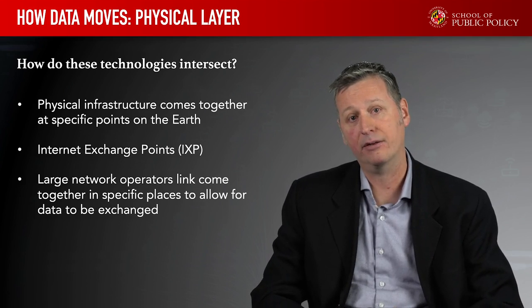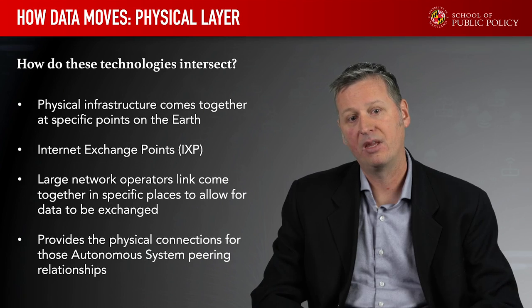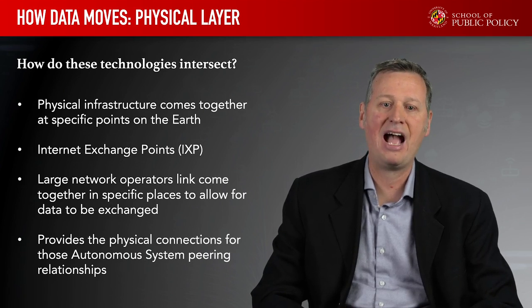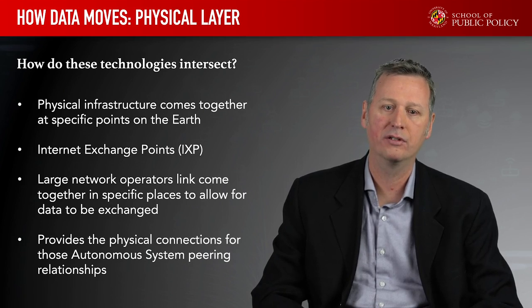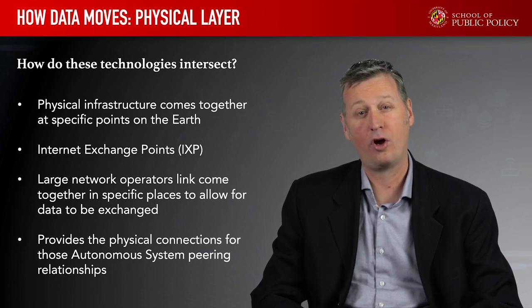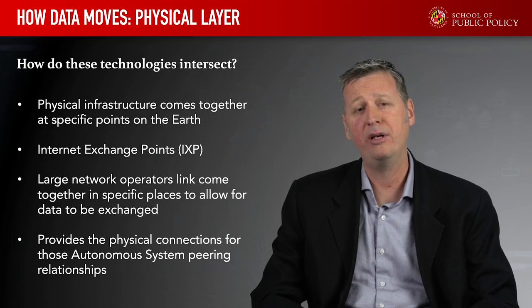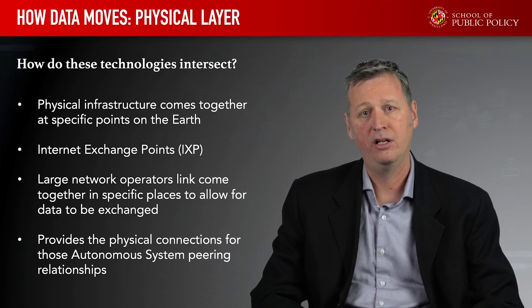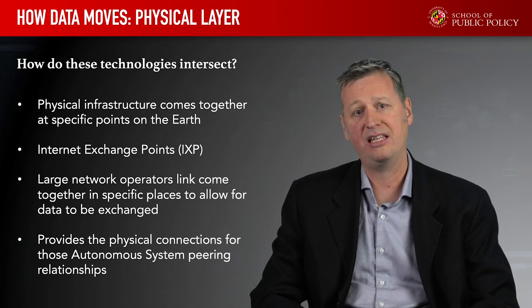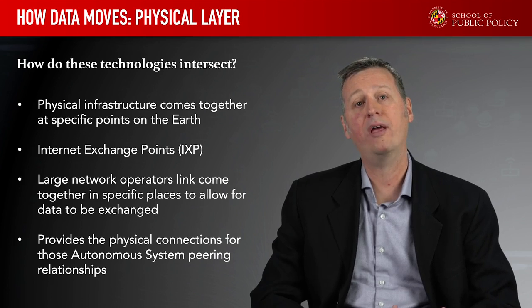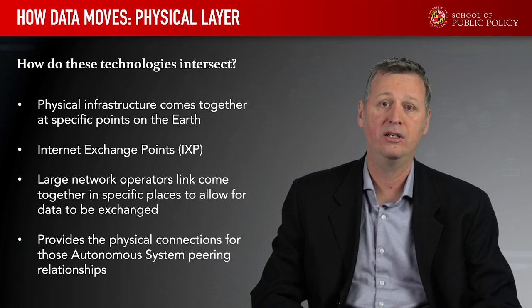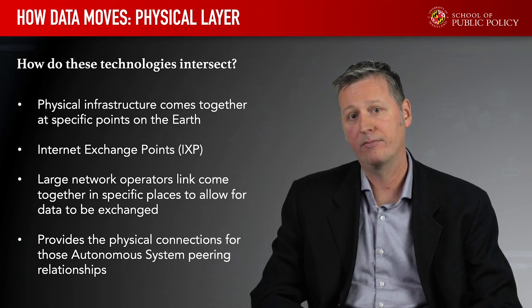They come together. This provides the actual physical connections. And it allows those autonomous systems that we talked about in the previous episode to provide the logical routing. So the physical connections at the IXP work with the peering relationships for the autonomous systems.